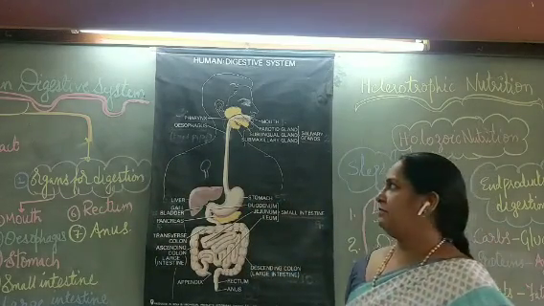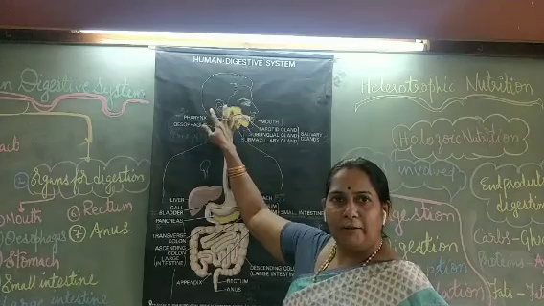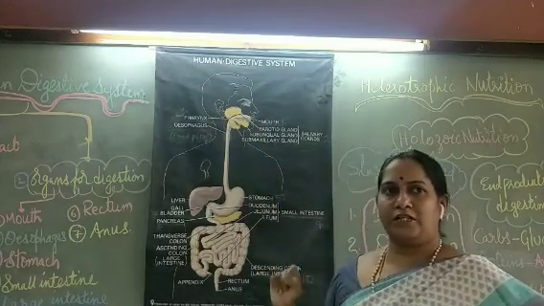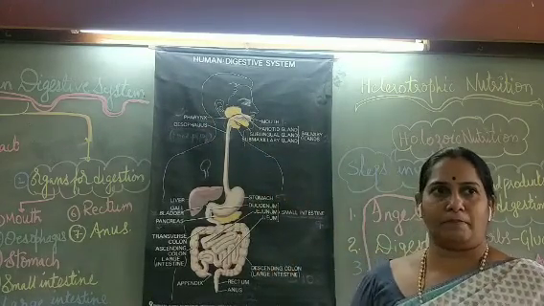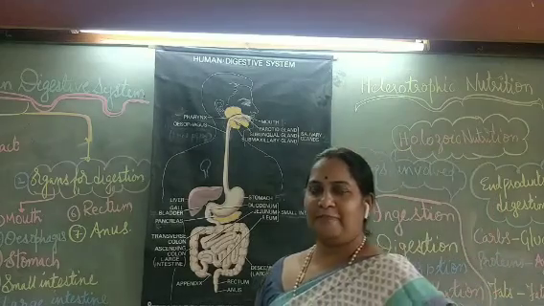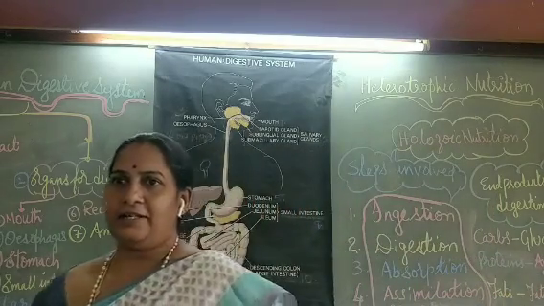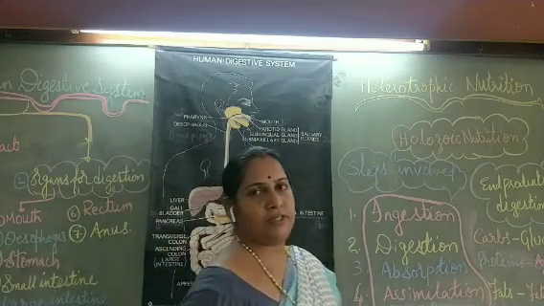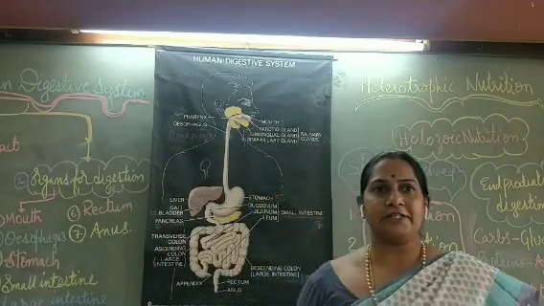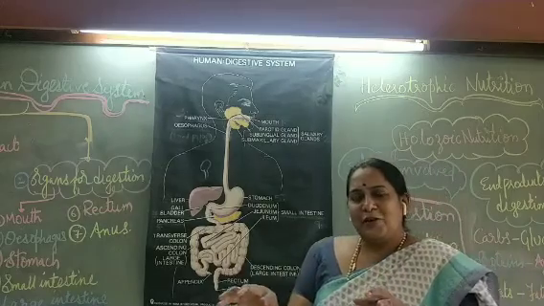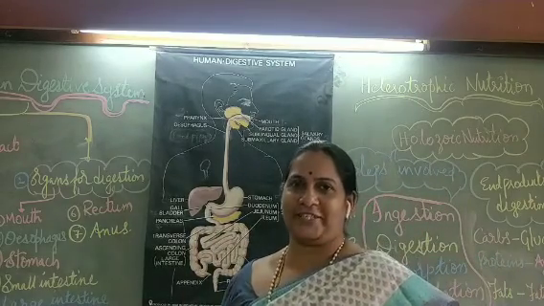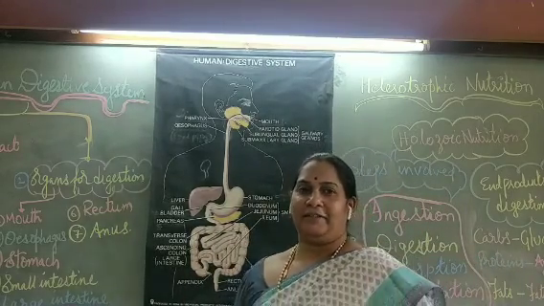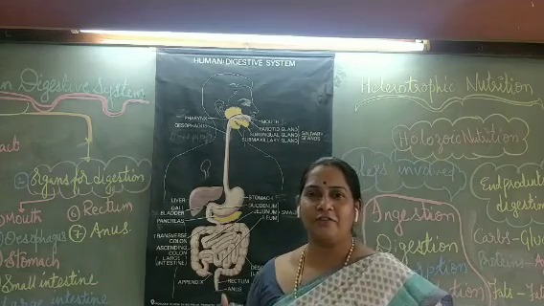Looking into the salivary glands, there are three major pairs in our mouth cavity, or buccal cavity: the parotid gland, sublingual gland and submaxillary gland. All these three glands produce 1.5 liters of saliva per day. Just thinking of food itself, our mouth waters, and this results in production of saliva.